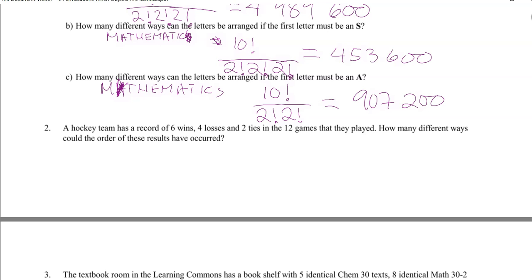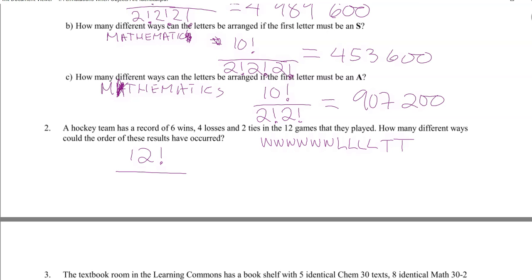So one way to think about this problem is, you can say, well, there's 6 wins. 1, 2, 3, 4, 5, 6. 4 losses. 1, 2, 3, 4, and 2 ties. So you can think of this sort of as a word, right? I need to arrange all of those letters, right? How many ways can that be done? Well, okay, wait, there's 12 games, so 12 factorial.